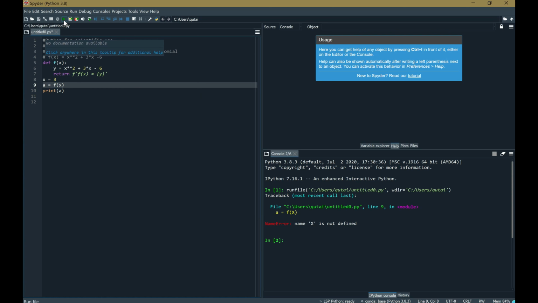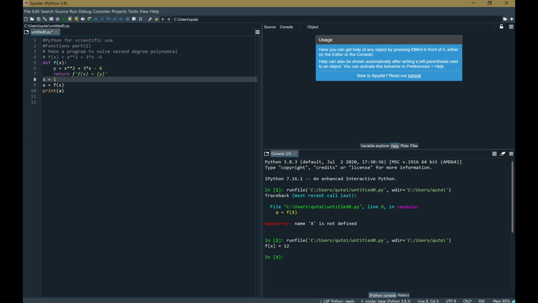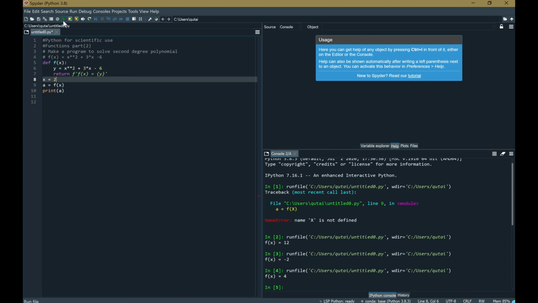Yes, we got f(x) equal to 12. Here you see 3 power 2 is 9, plus 3 multiplied by 3 is 9; 9 plus 9 is 18, minus 6 is 12. It's right. So let's see if x equal to 1. We got minus 2. If x equal to 2, we got 4. So we solved this problem here.